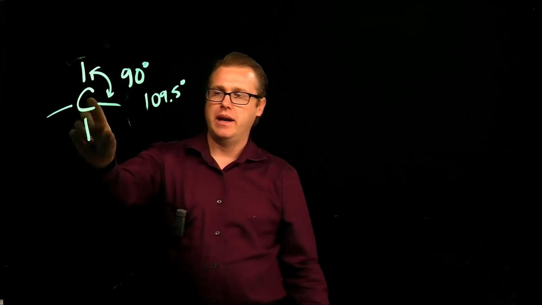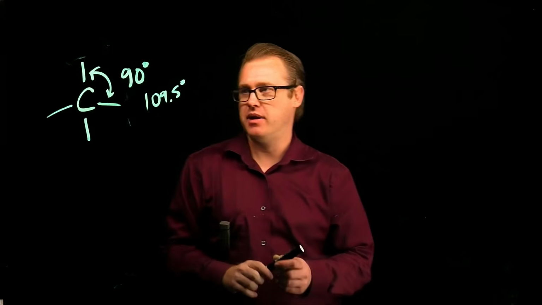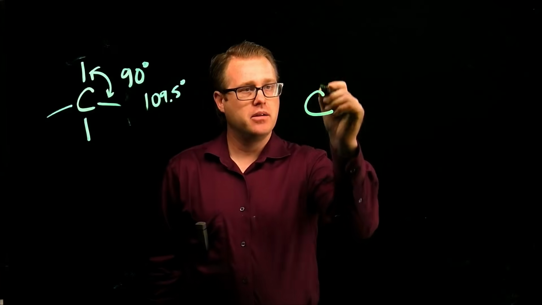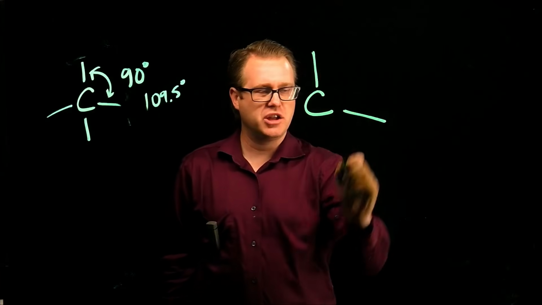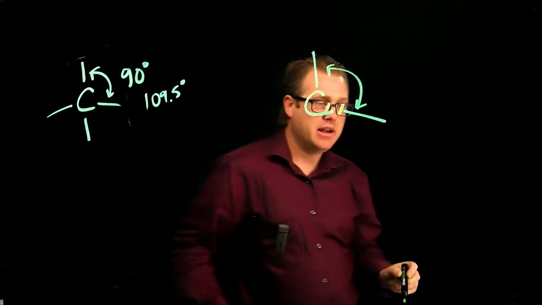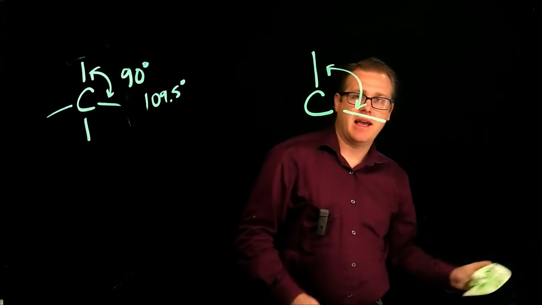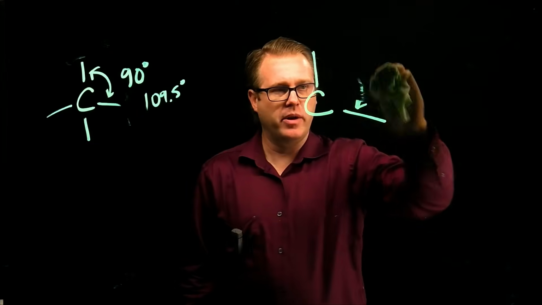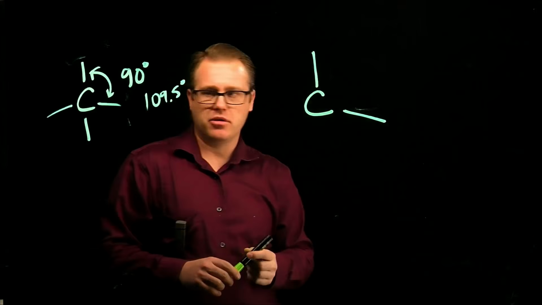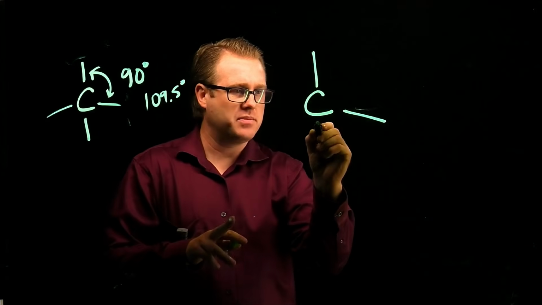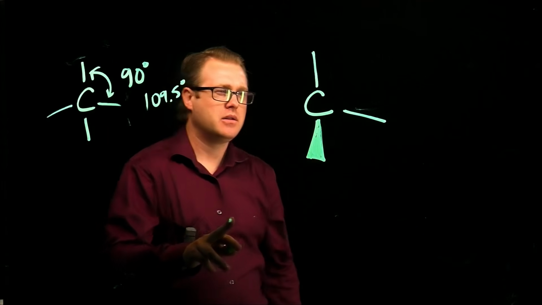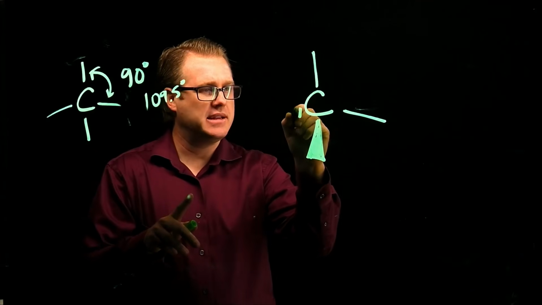The way that we demonstrate the tetrahedral geometry of that molecule is by using wedges and dashes. So now do you see how that bond angle there is greater than 90 degrees? And we want to represent it as 109.5. Because this is tetrahedral, one of these bonds is going to be a wedge, and the other is going to be a dash.